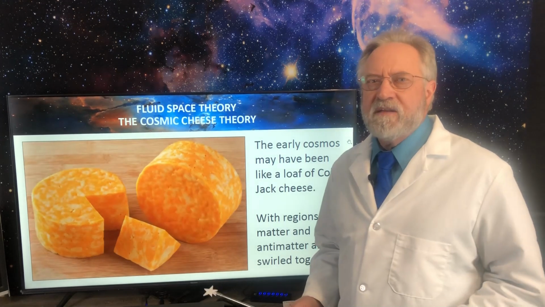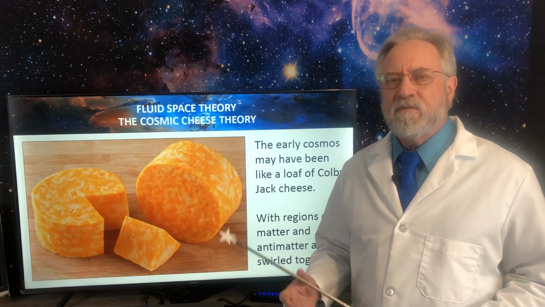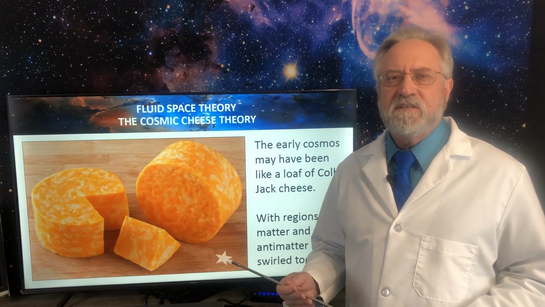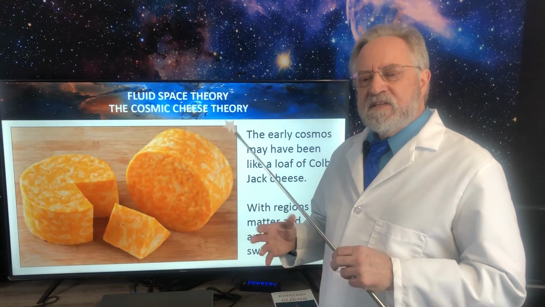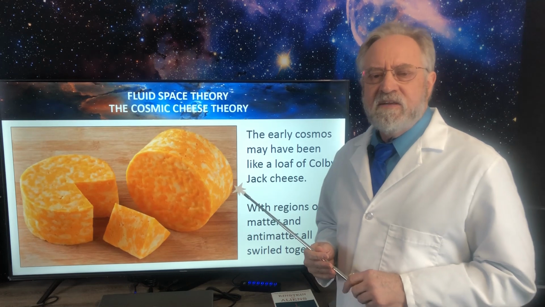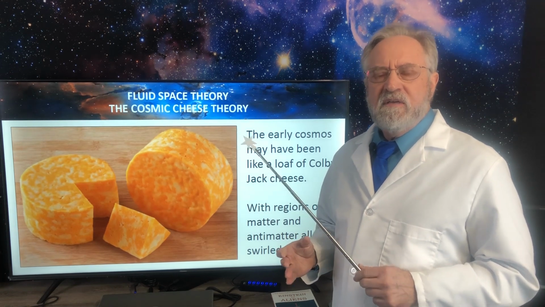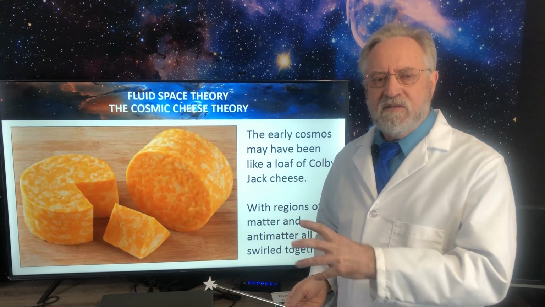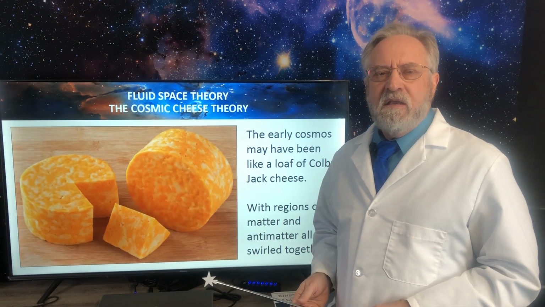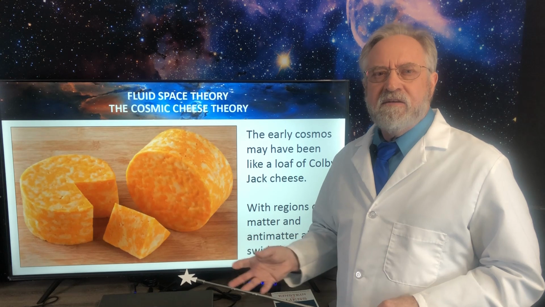So if we think back to the very early universe where matter and antimatter had just recently condensed out of the primordial energy field, instead of a period of annihilation, there would have been a period of segregation where antimatter would tend to collect in various pockets and matter would collect in other areas.